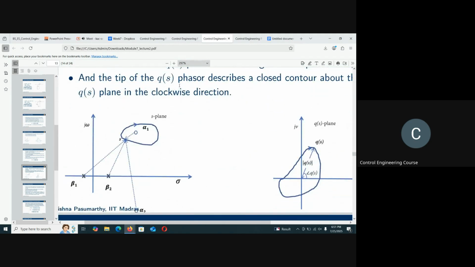Are you able to understand this or not? Sir, on this line on the left graph, is this S minus alpha or alpha minus S? Because alpha is above that point. S minus alpha, right? That arrow. Final minus initial is the vector, right?